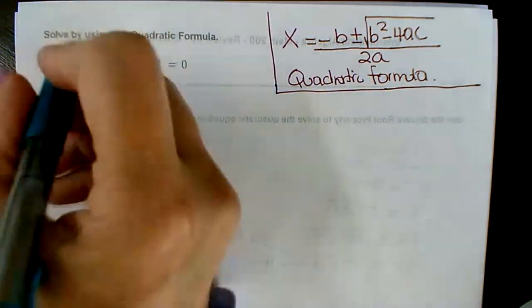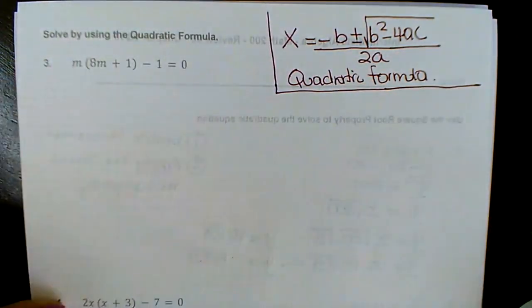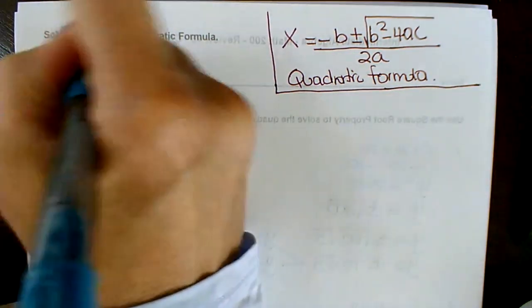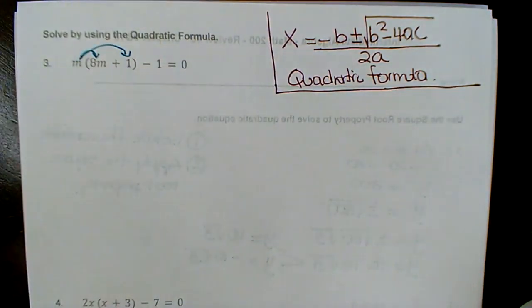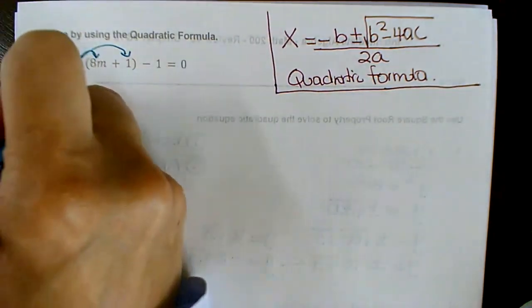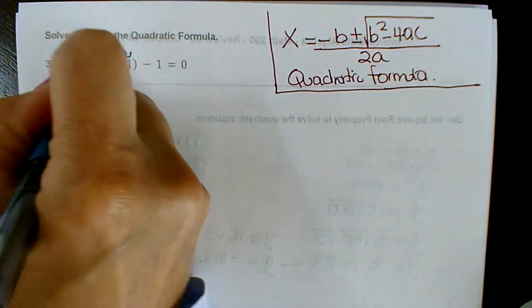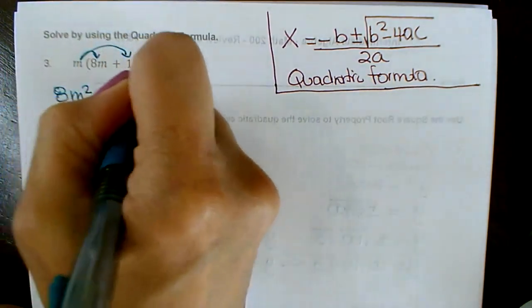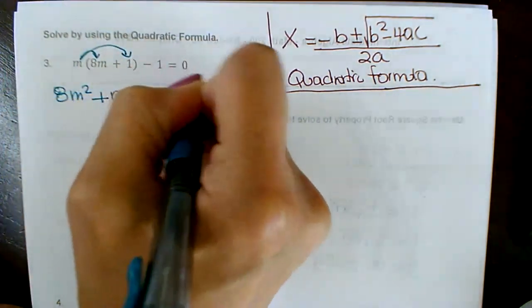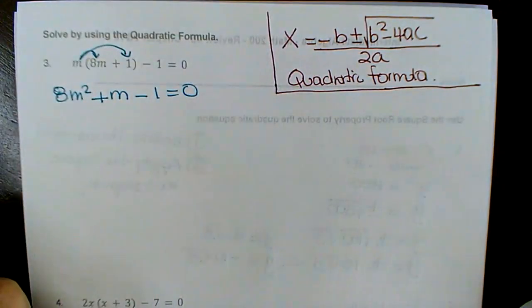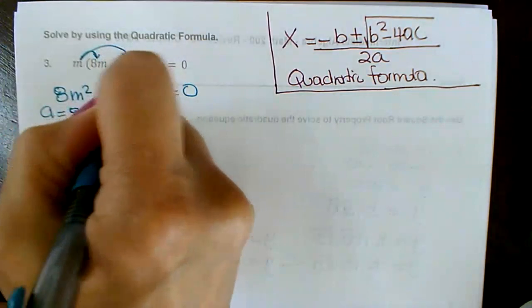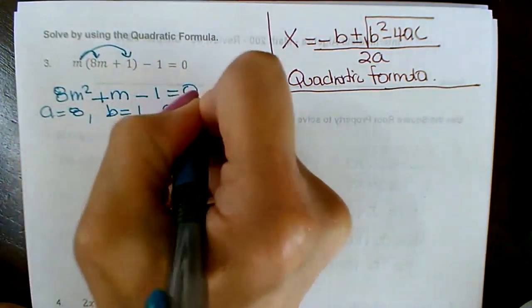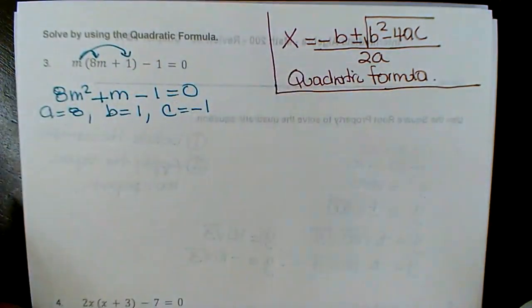First it says we need to distribute. So let's do that. That will be 8m squared plus m minus 1. Perfect. So a is equal to 8, b is equal to 1, and c is equal to negative 1.